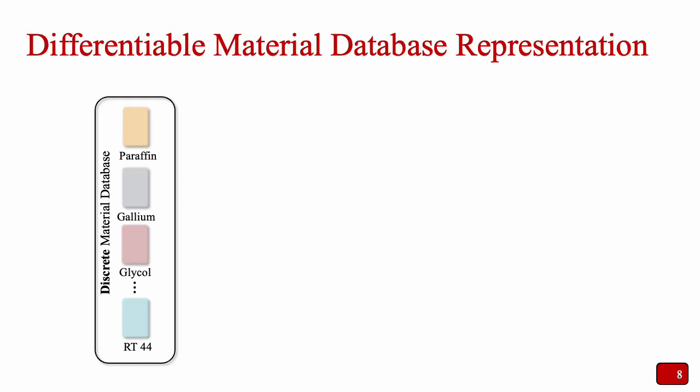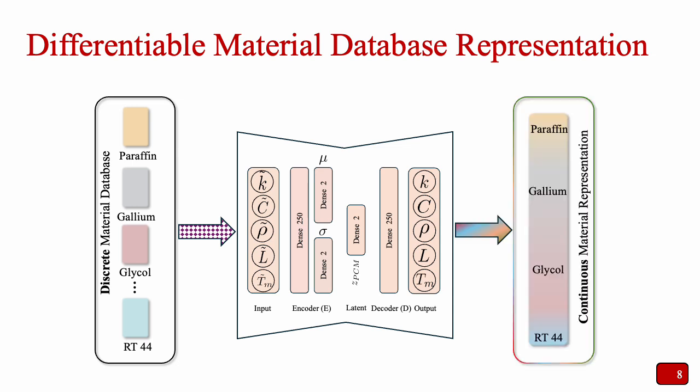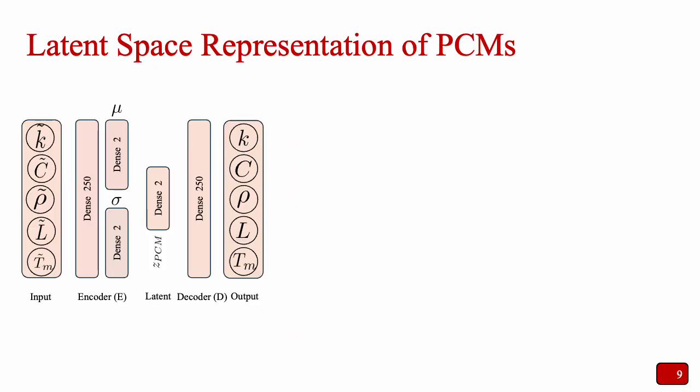Our solution is to create a differentiable material database representation. We take the discrete material database and map it to a continuous representation using a variational autoencoder. This model learns to compress all the complex properties of a PCM, such as the conductivity, latent heat, and melting temperature, into a compact continuous latent vector.